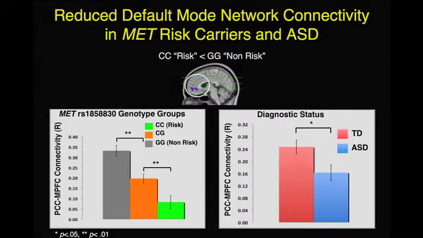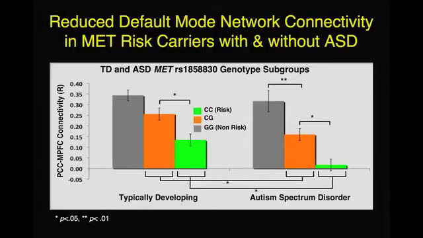When we're now summing across the risk status and just look at typically developing kids and kids with autism, we see that there is a significant difference, such that the typically developing kids had stronger connectivity than the kids with autism. So then we unpacked it one more level, and now we're seeing the three risk subgroups split by the two diagnostic groups.